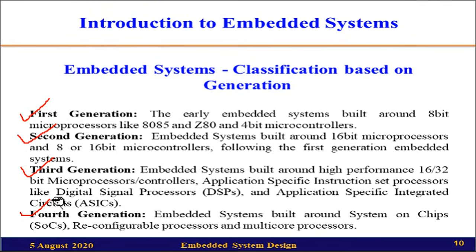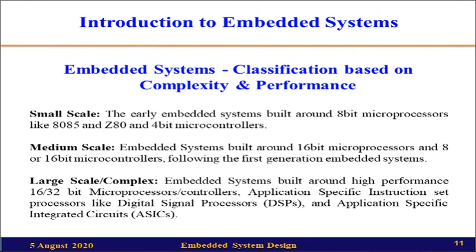They can be programmed as per our requirements. So that is reconfigurable processors. And system on chip, these are ARM boards or any other system on chip boards. These are being used in the fourth generation. That is, embedded systems were built on system on chips, reconfigurable processors, and multi-core processors. So this is the classification based on generation.